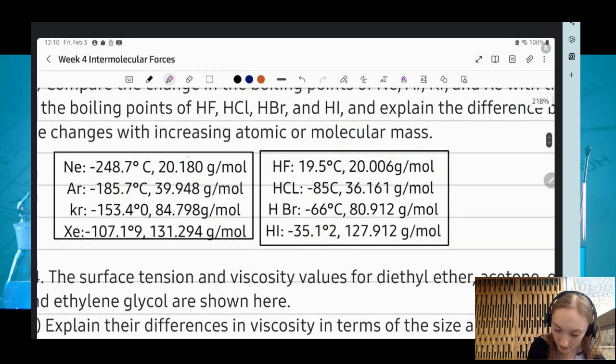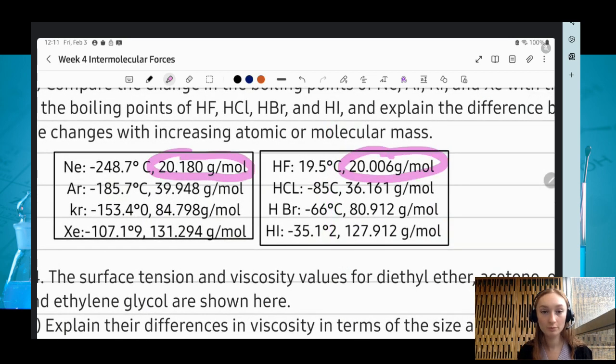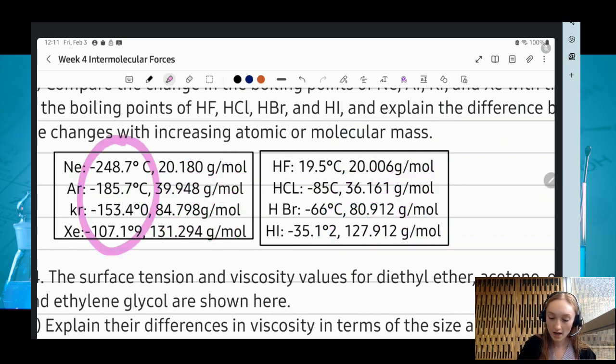For this one and this one, they have pretty similar molecular masses. Same with the 39, 36, 85, 80, 130, 128. So these are all pretty similar in their molar masses, but their boiling points are a lot different. As we were just talking about neon and HF, negative 248 versus positive 19.5.